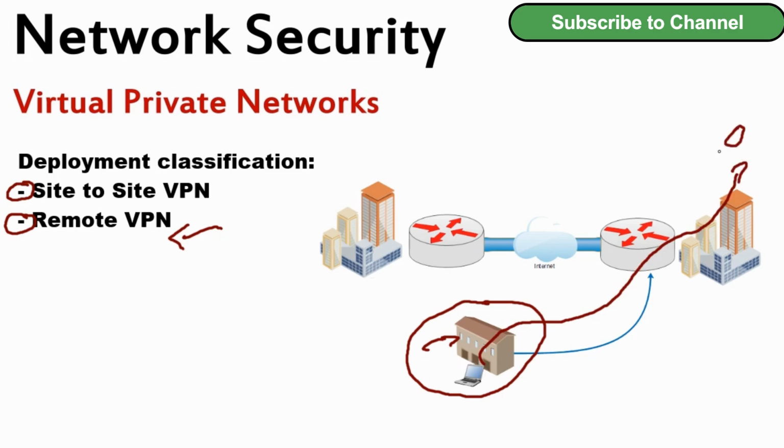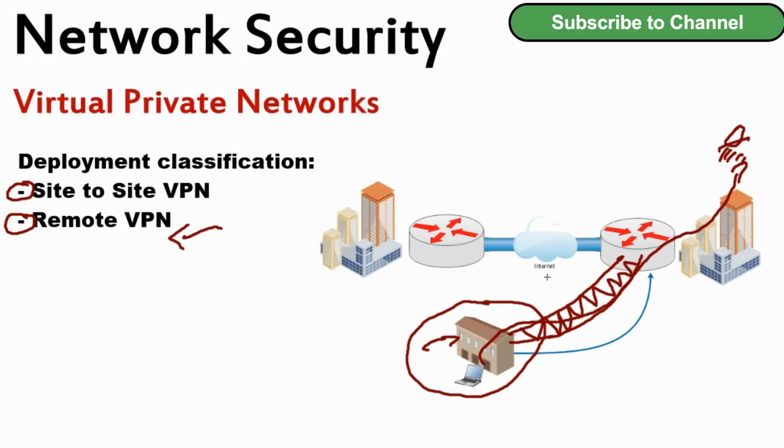It can be our workplace, let's say that is our office, whatever, or maybe you're in a hotel and you want to connect to your home network. This is a remote VPN connection. You have a laptop, a PC, or a mobile phone, and you want to VPN to this network. That's how we call it, to VPN. We can use that as a verb as well. We can VPN to this network.